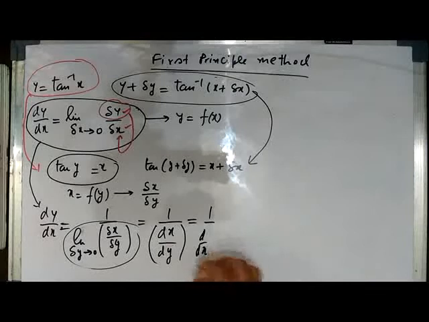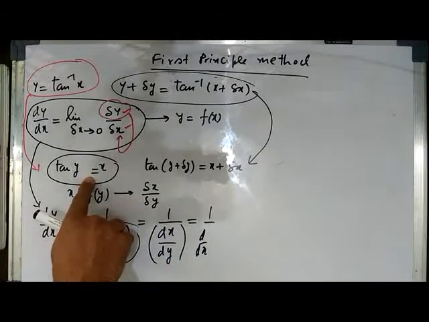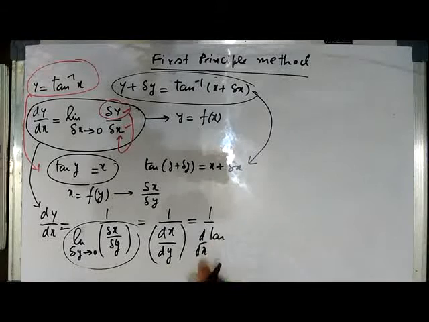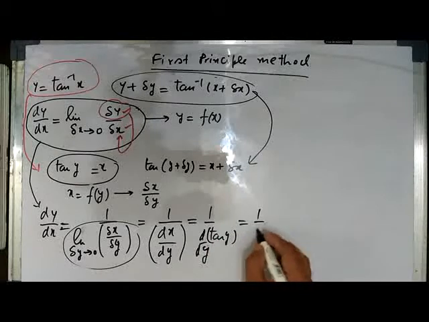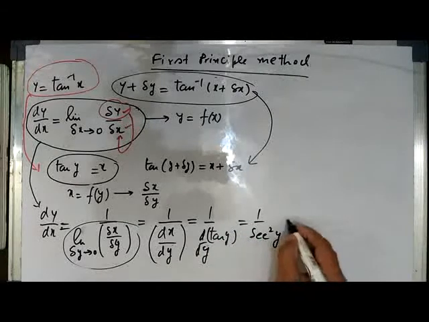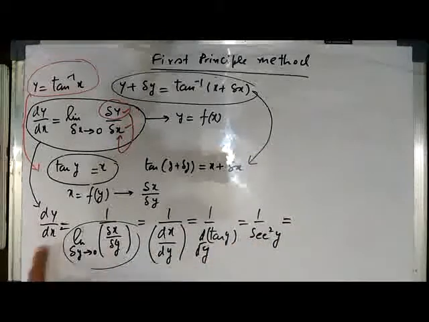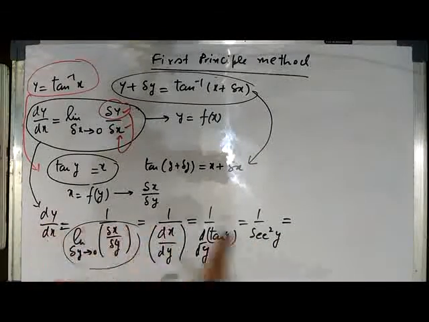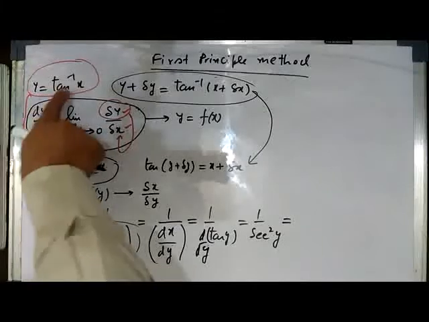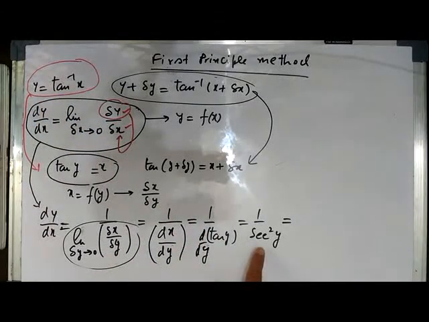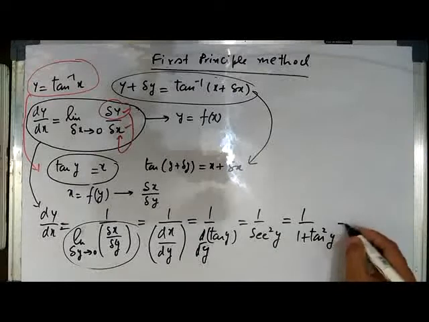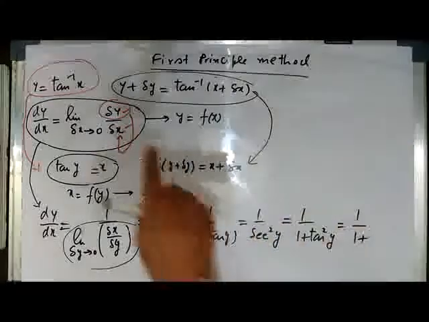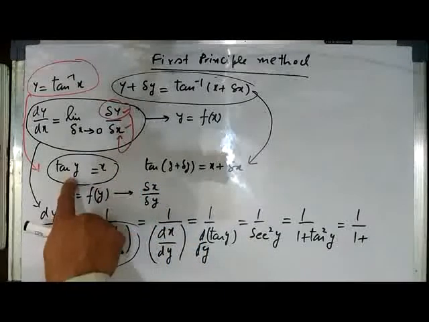Now, what was x? x was tan y. So it is sec square y. But since y was initially a function of x, we should get the differential also in x. So we write this as 1 plus tan square y, and tan y is nothing but x.